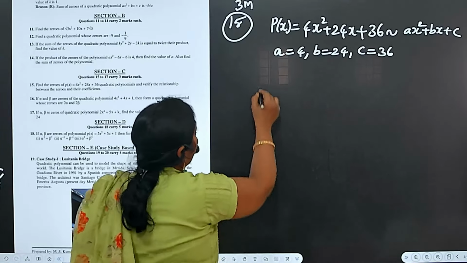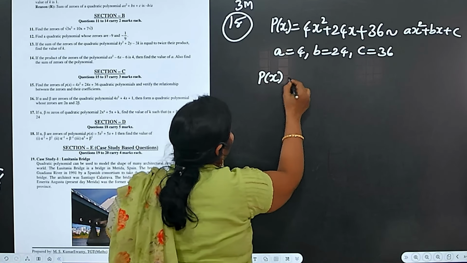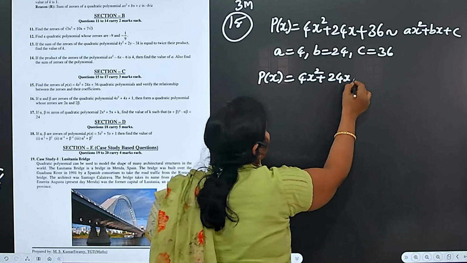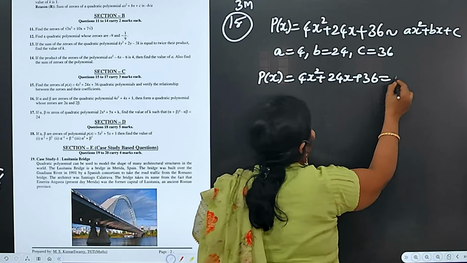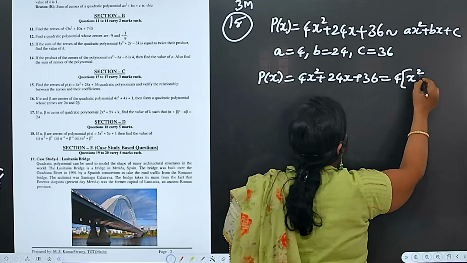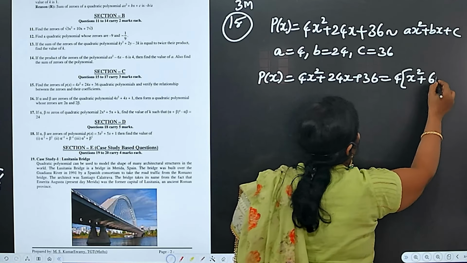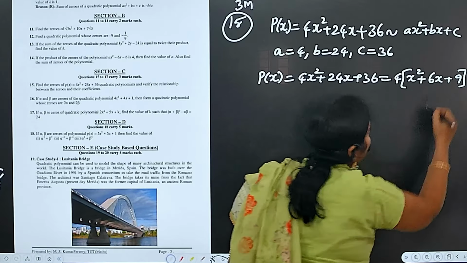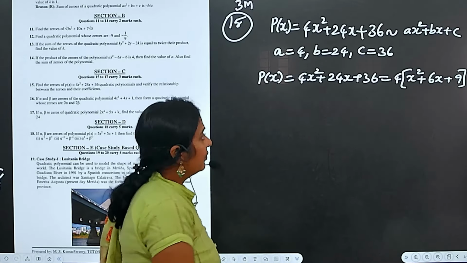Here p of x equal to 4x square plus 24x plus 36. You take the common 4. 4 common is the x square plus 6x plus 9, since 4 6s are 24, 4 9s are 36.